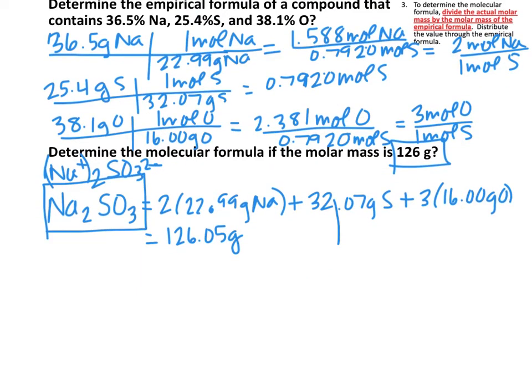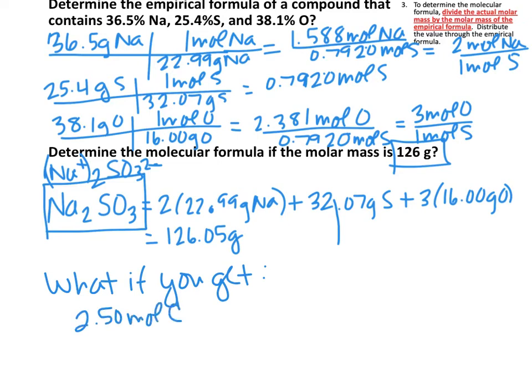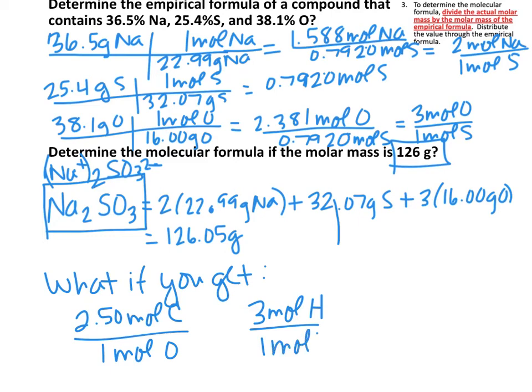Now, we've been getting whole numbers with our ratios. Occasionally, you will not get whole numbers. So what if you get 2.5 moles of carbon to 1 mole of oxygen and 3 moles of hydrogen to 1 mole of oxygen?